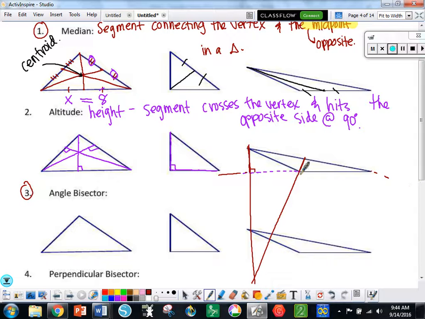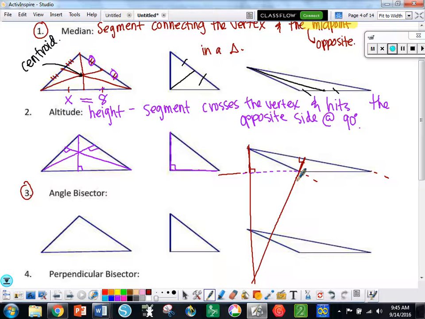No, extend this one. So the intersection's not happening until like clear down here. But this is the altitude on an obtuse triangle. It's on the outside. Yeah, this one can. This is an altitude. Right here.